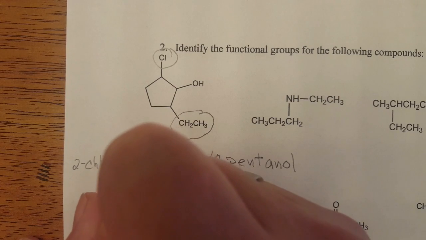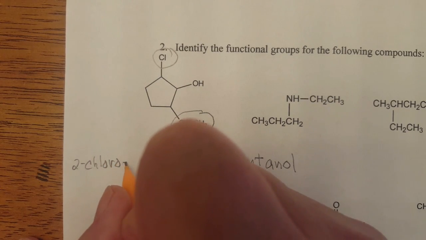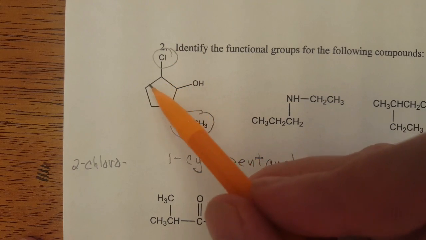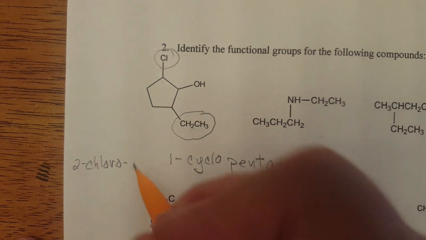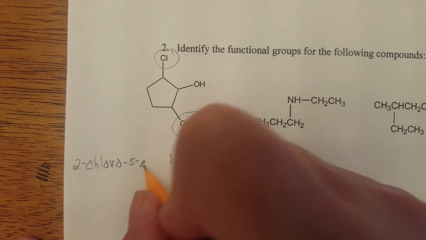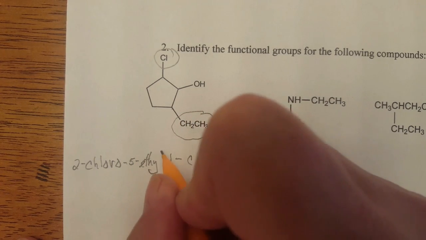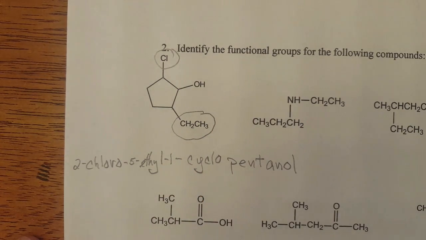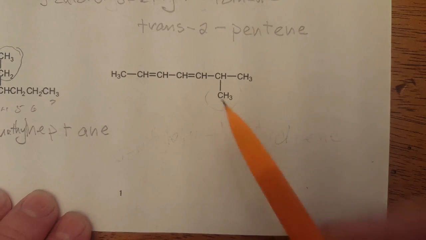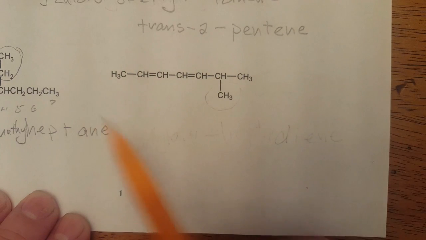And if we continue in that direction, 1, 2, 3, 4, 5, this is 5-ethyl. So this compound is 2-chloro, 5-ethyl, 1-cyclopentanol.